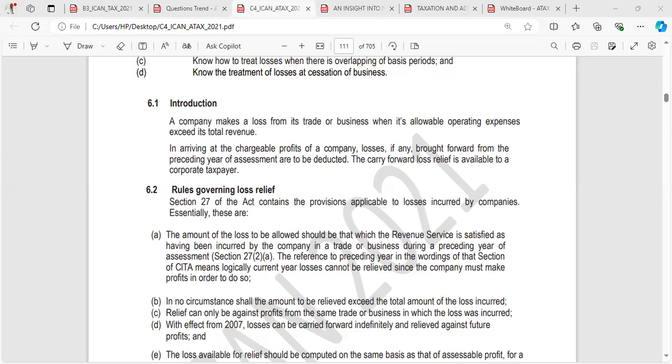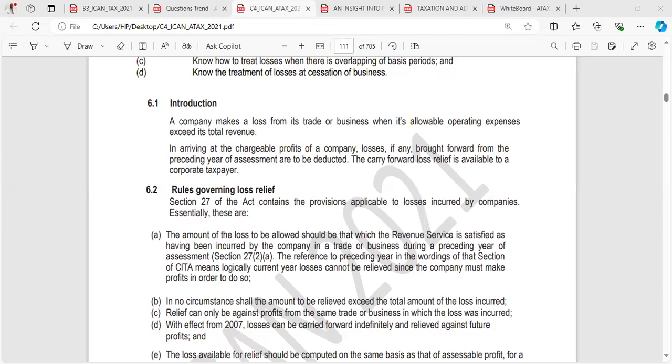You have a poultry farm with another business name. You have another shop or kiosk, and you decide that you are going to relieve your losses. Maybe the poultry farm has a loss. You are going to relieve it from the same line of business.